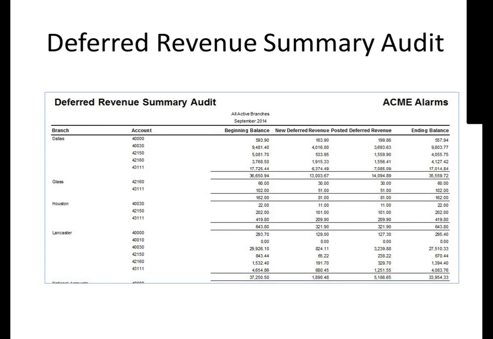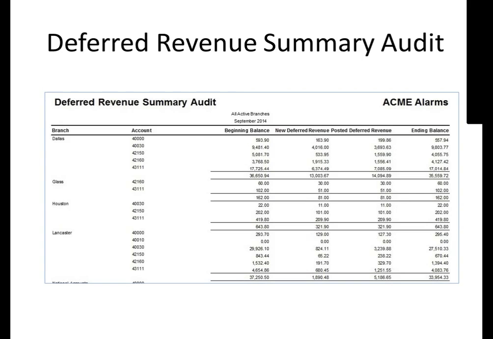Now, this report that I'm showing you is a great report to start getting in the habit of using. This is your deferred revenue summary audit report. And just like you balance your accounts receivable or your accounts payable, get into the habit of balancing your deferred revenue on a monthly basis.